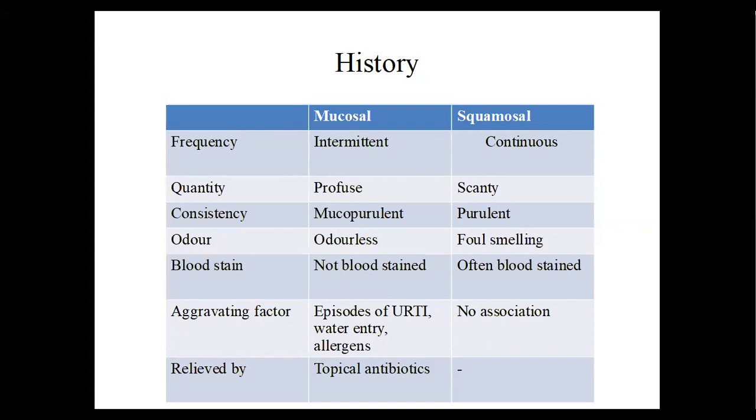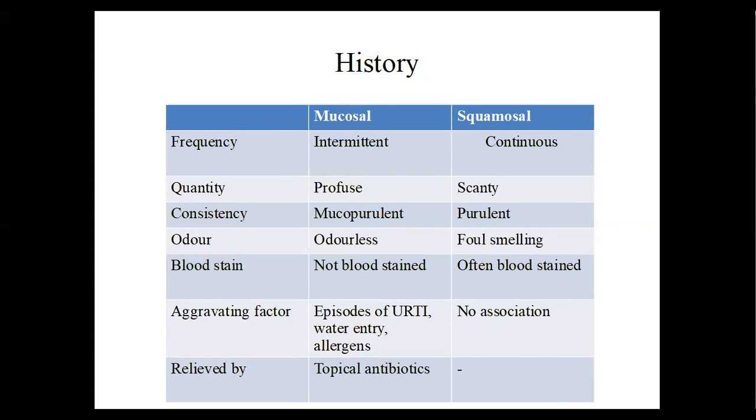As all of us know, the main pathology in the mucosal variety is a permanent defect in the tympanic membrane in the pars tensa. So this perforation makes the patient susceptible to develop otorrhea whenever there is a URTI or water entry, which activates the goblet cells in the mid-layer mucosa, which makes the discharge more profuse. That's how it is intermittent and profuse.